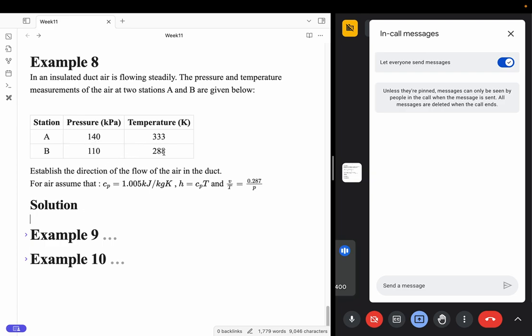So this process is adiabatic in the sense that it is an insulated duct. Maybe I should draw a diagram or something. Okay, so let me put it this way.